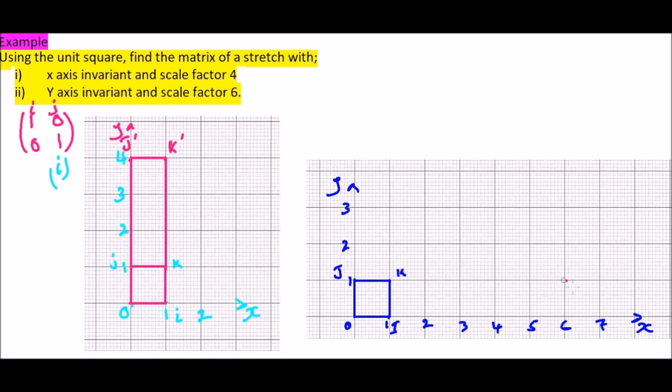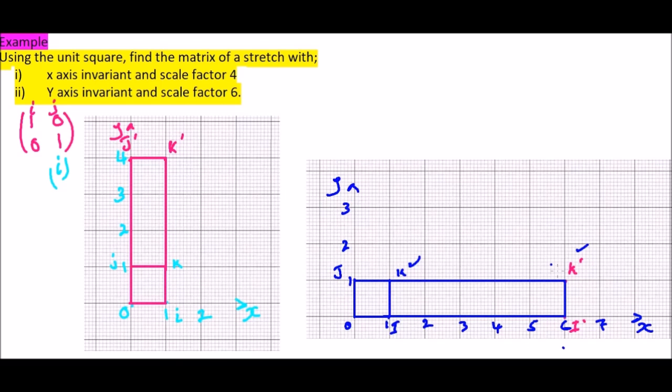That is where we have the image of k, and i will move to this point. We join these points to come up with the image. So now we have our image. This is the object up to there, and this is the image. So that is a transformation known as stretch, described as y-axis invariant and scale factor 6.